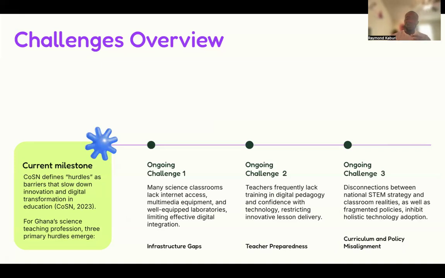So there's a disconnection between the national STEM strategy and the classroom realities, as well as fragmented policies, which inhibit the technology adoption that can help teachers get these adequate skills before they move on to the field to teach the kids.